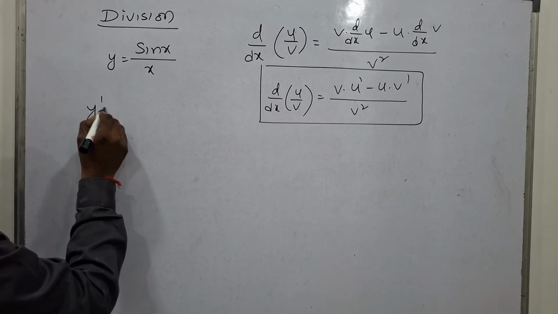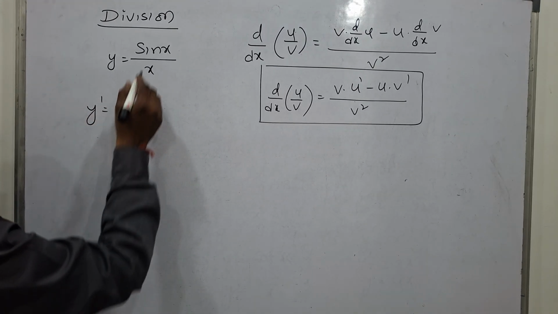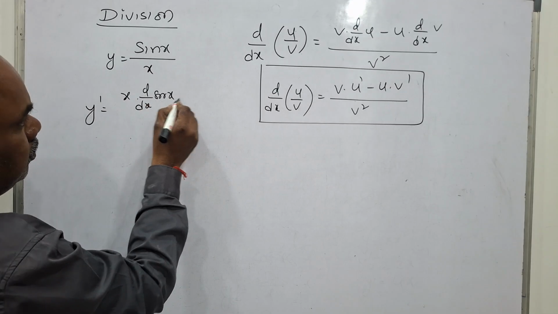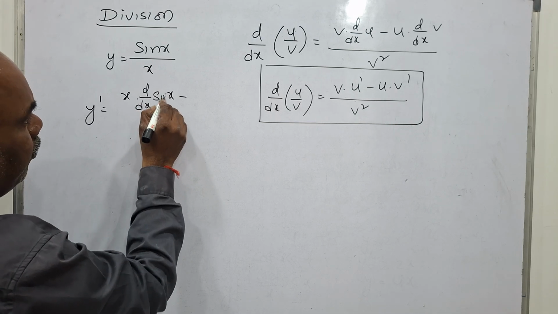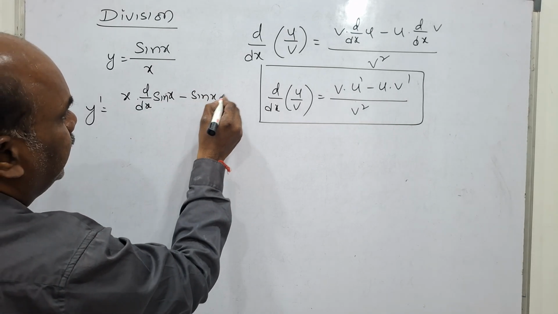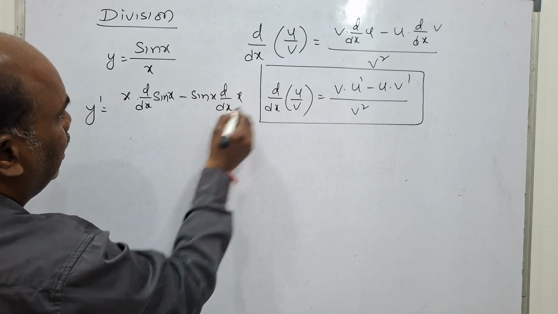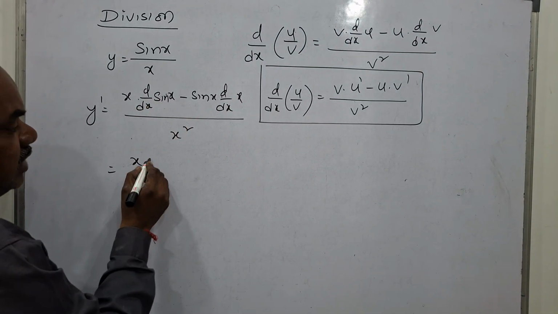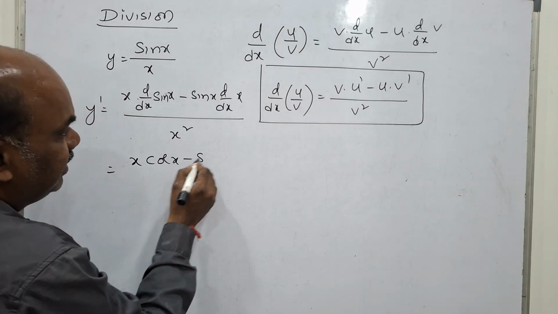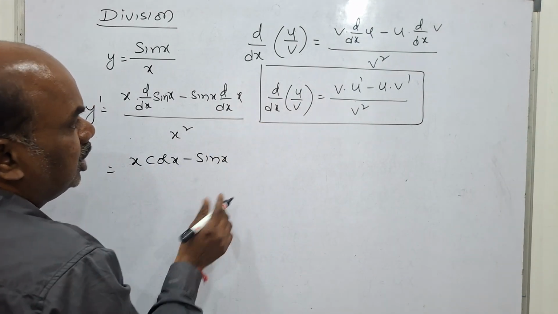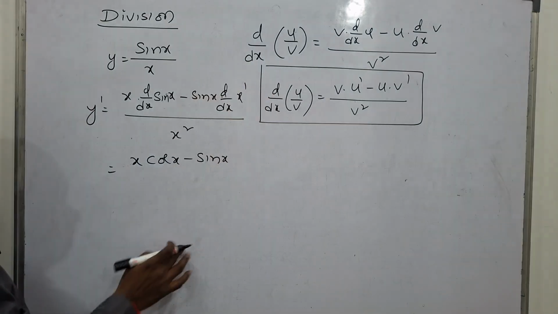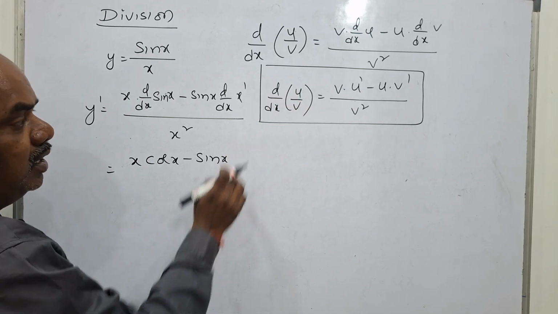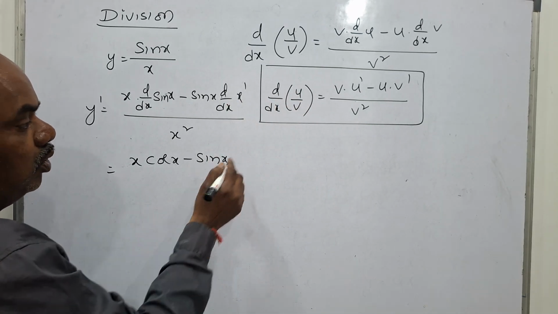Now come to here. y dash is equal to denominator x into d by dx of sin x, minus sin x into d by dx of x, by x square. So x into cos x minus sin x into the differentiation of x, which is x power 1, in the form of x power n, n into x power n minus 1, so 1 into x power 0, which is 1.